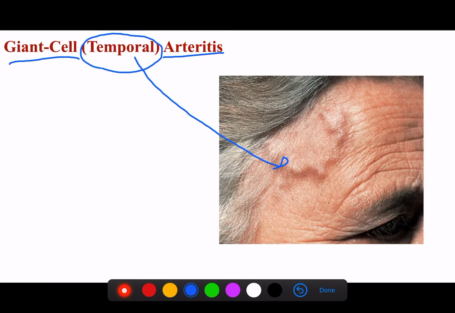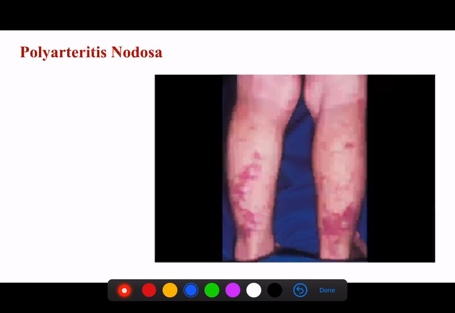Also, it is T-cell mediated inflammation. The second type of immune arteritis is called Polyarteritis Nodosa. It is a systemic necrotizing vasculitis.